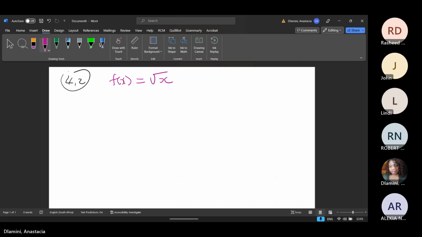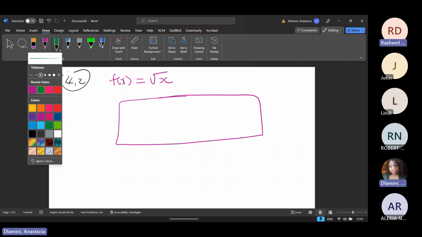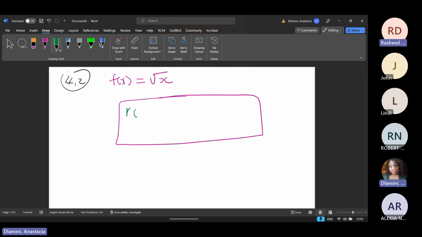I think it will be negative square root of x plus 1. So you're saying the new function, let's call it r of x, will be negative square root x plus 1.